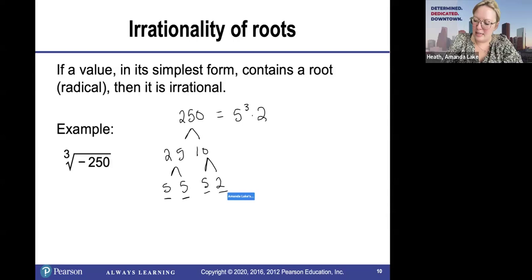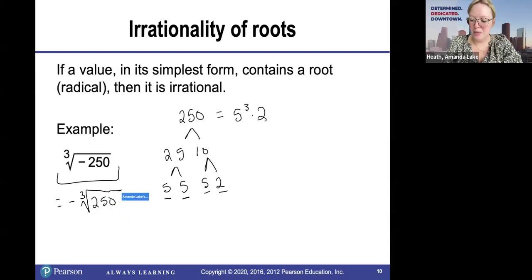So when I go to take the cubed root of -250, that's going to be equal to negative cubed root of 250, because of that rule I just mentioned to you. And so this is negative cubed root of 5 cubed times 2, because 250 is 5 cubed times 2.